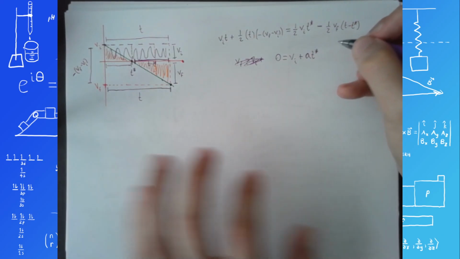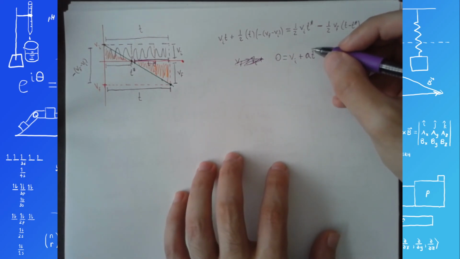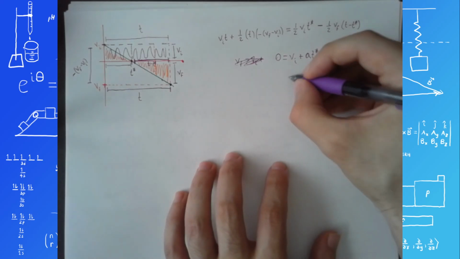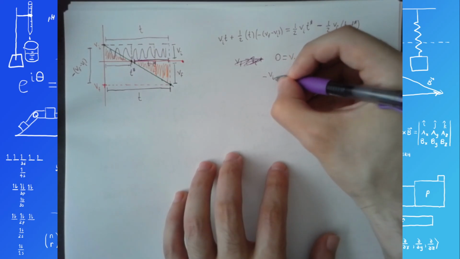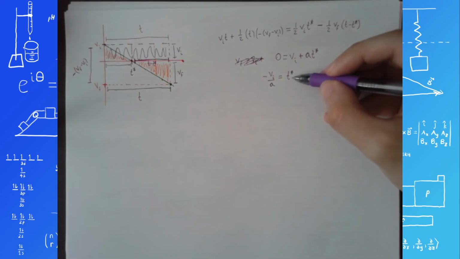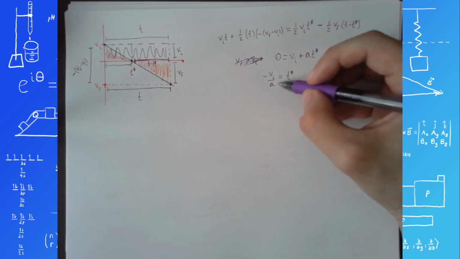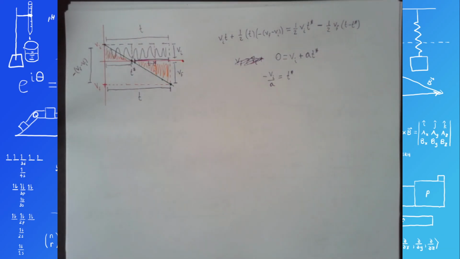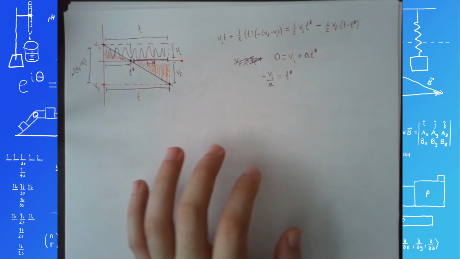Then subtract v initial and divide by a, and we get t star equals negative v initial over a, which does make sense. The time is a positive value. A negative of a positive initial velocity, divided by an acceleration which is negative, is a negative over a negative, which is a positive. So yes, this does work.